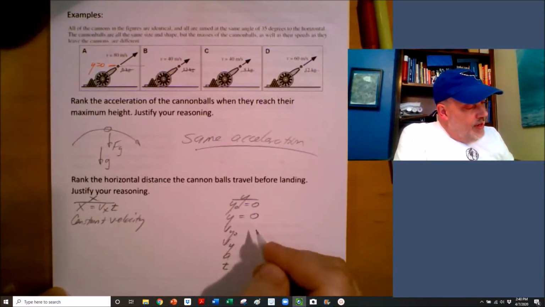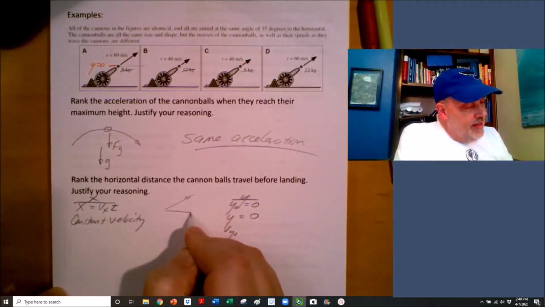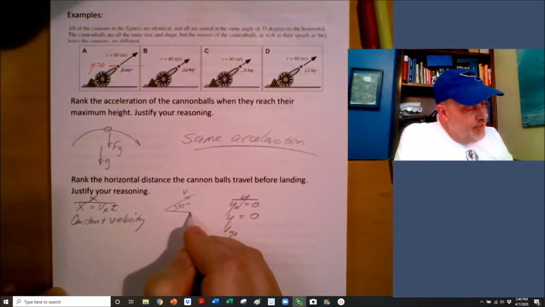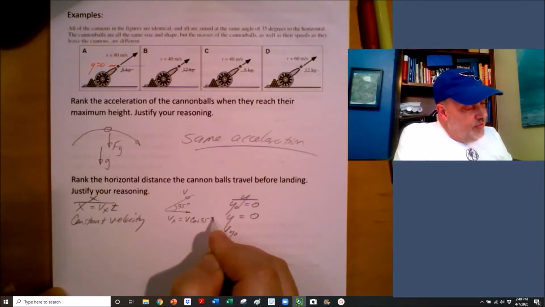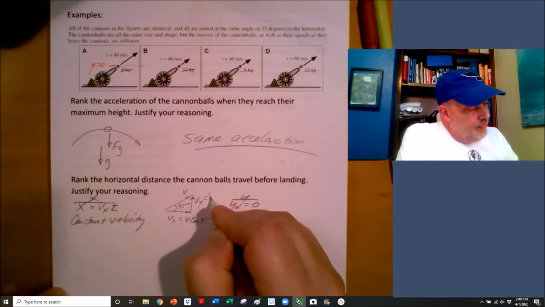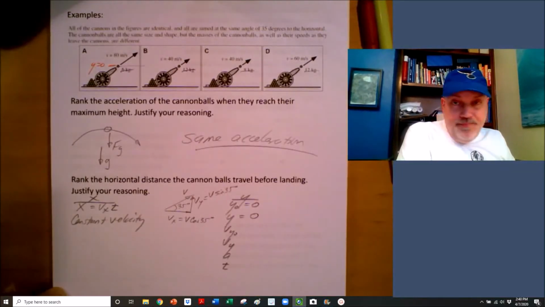The initial y velocity, all right, this is an issue. It's being launched at a 35-degree angle. This is the velocity. So the x part is going to be v cosine of 35 degrees. And the y part is going to be Vy equals v sine of 35 degrees.